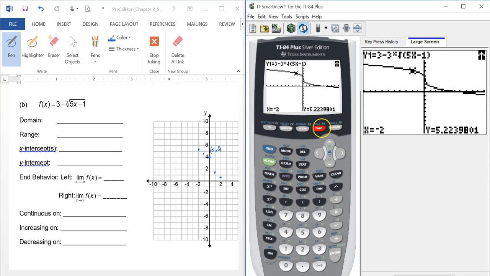So second calc, zero. Here's the left bound and the right bound. It's at 5.6 and 0.